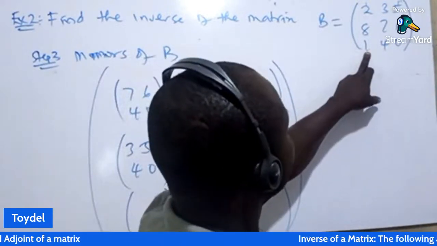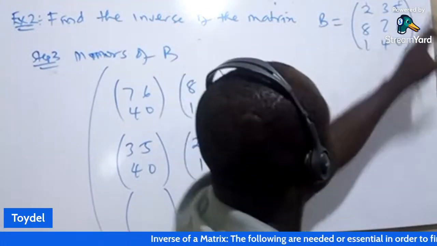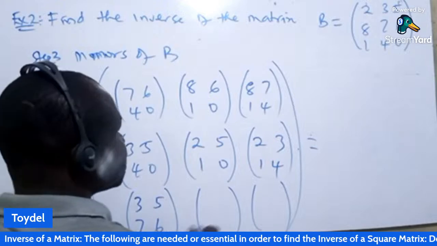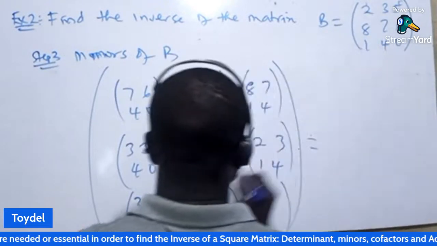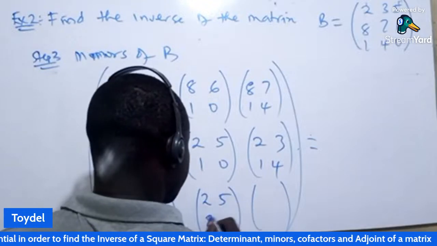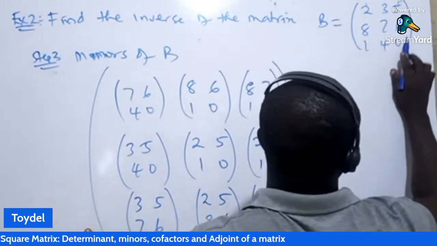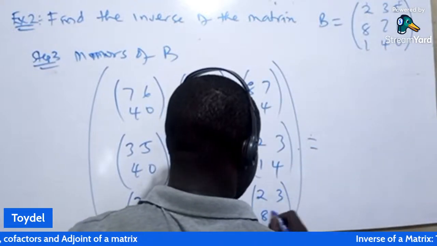We move to the third row. This one is along first column, third row. So we have 3, 5, 7, 6. Then 4 is along the third row and second column. So we have 2, 5, 8, 6. Then 0, which is the last element there, is along the third row and third column. So we have 2, 3, 8, 7.